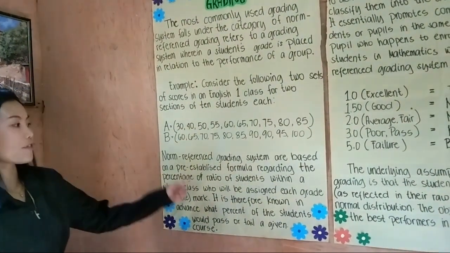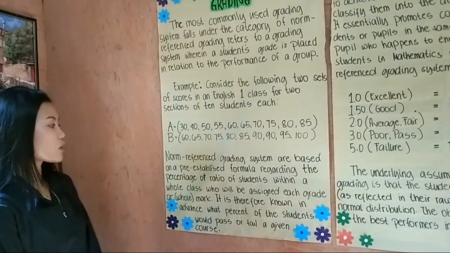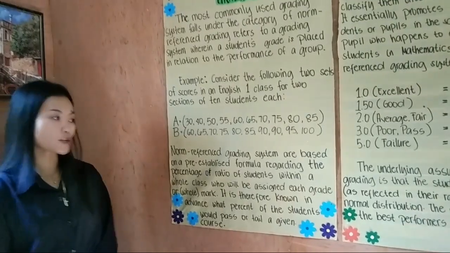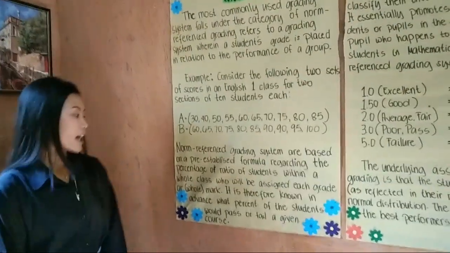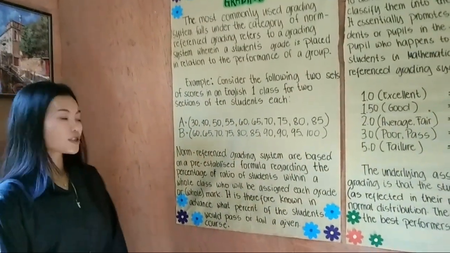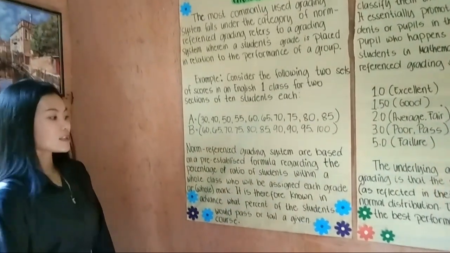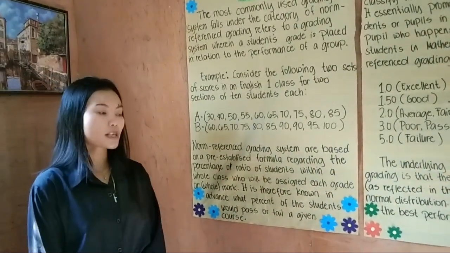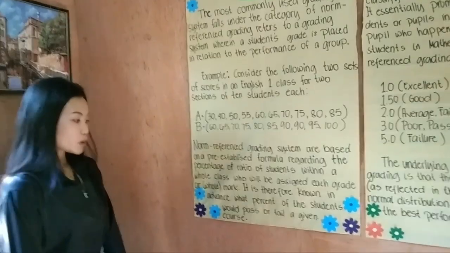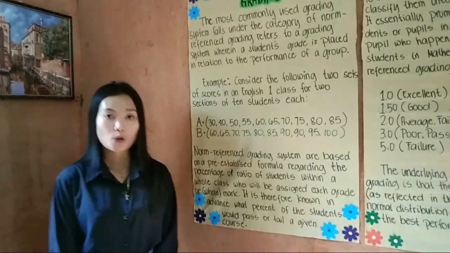Norm reference grading systems are based on a pre-established formula regarding the percentage of students within a whole class who will be assigned each grade or mark. It is therefore known in advance what percent of the students could pass or fail a given course.